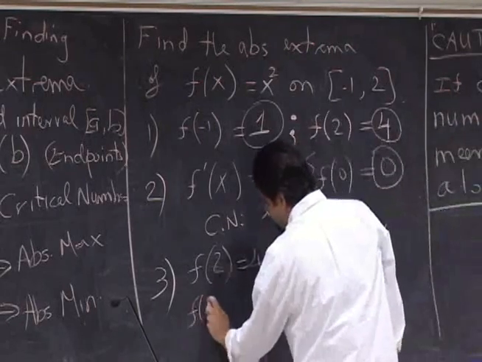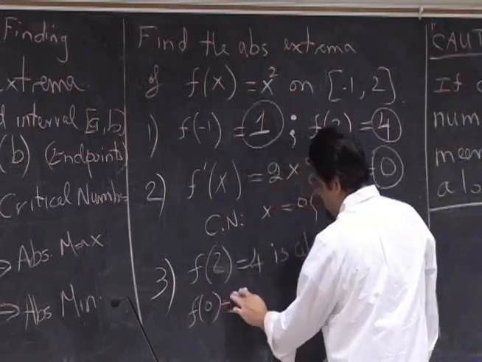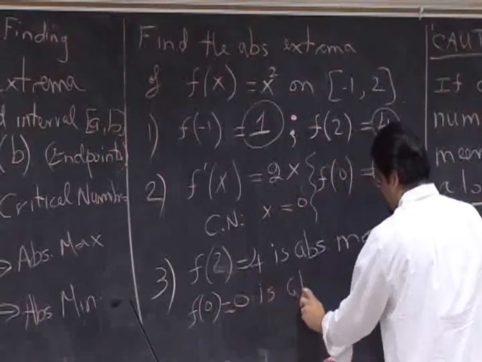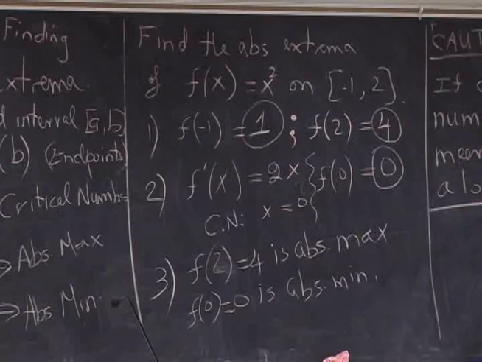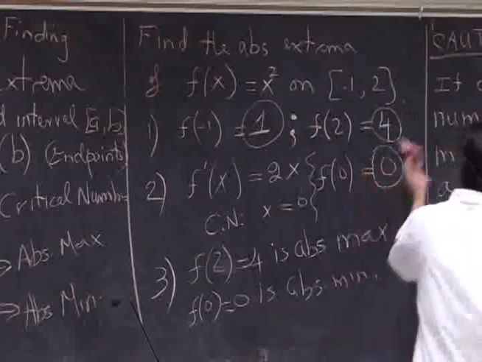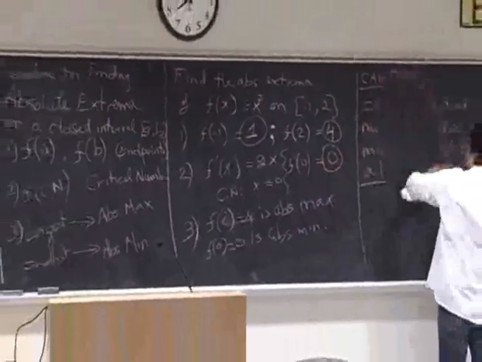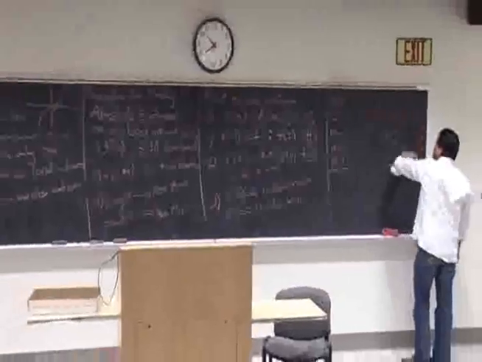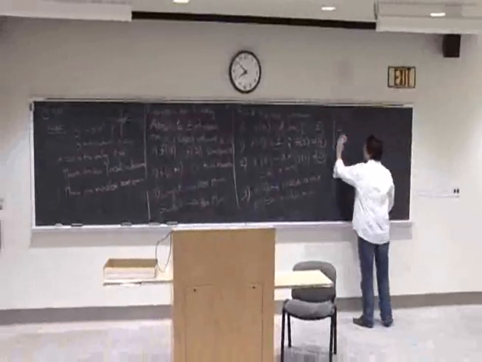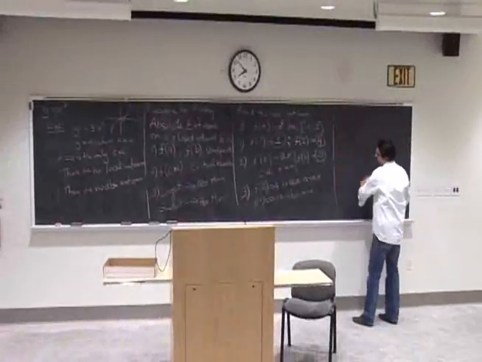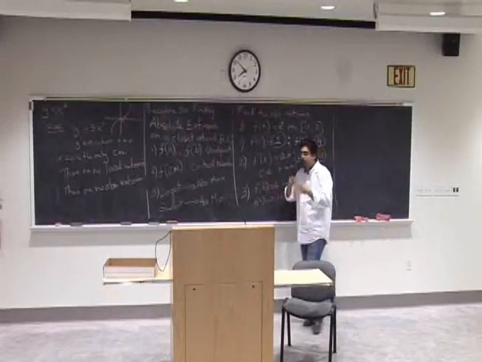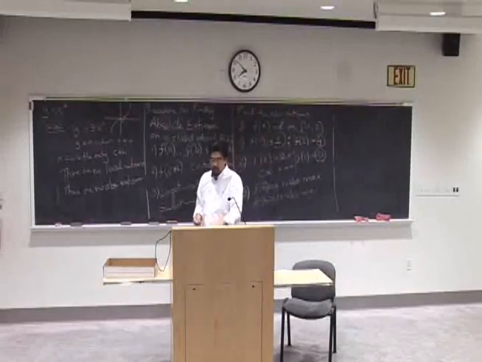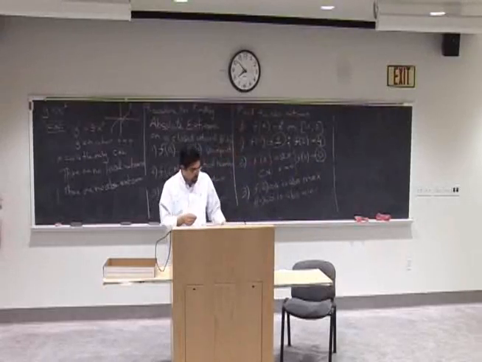So f of 0 equals 0 is the absolute minimum. This procedure is really that simple. Most of the work comes in for more complicated functions in trying to understand where the critical numbers are. Once you get the critical numbers, the rest is just evaluating the function at those numbers.